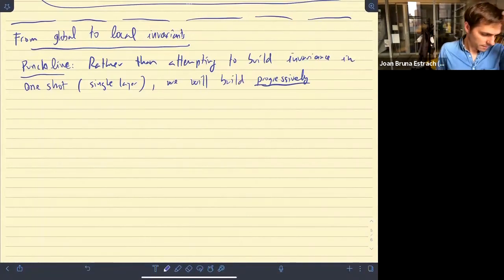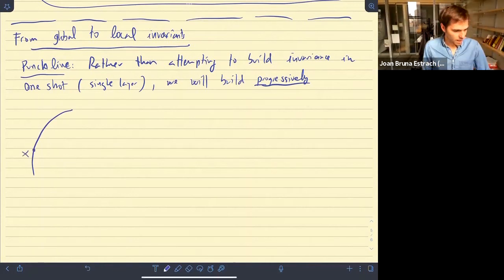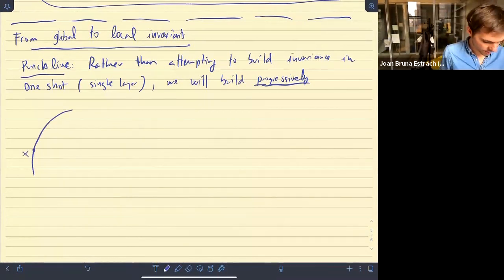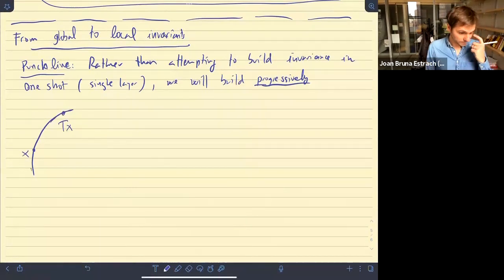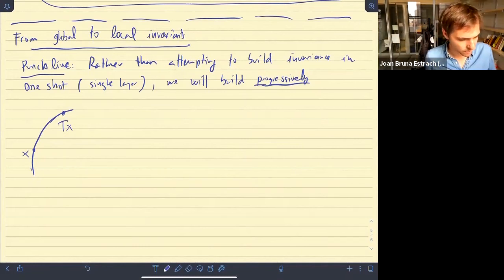So think again about this picture of the orbits that we had before. This is x, and here we have these translations, the unitary transformations of x, this T of x. Now we are going to try to build a representation.